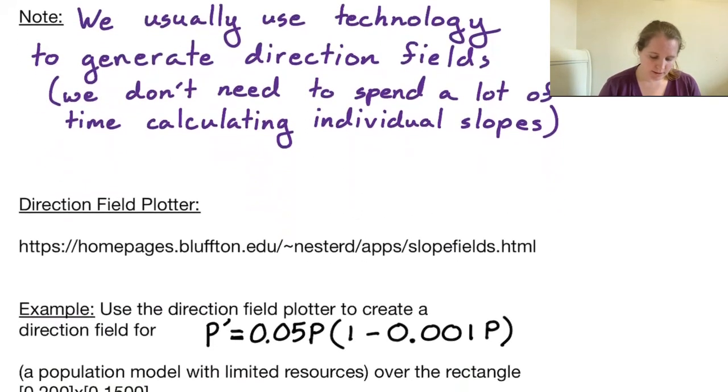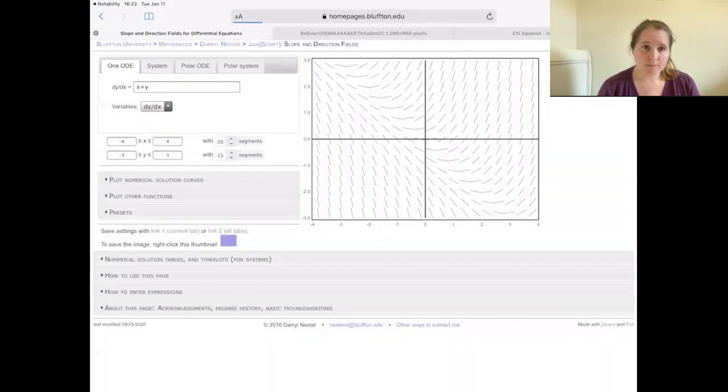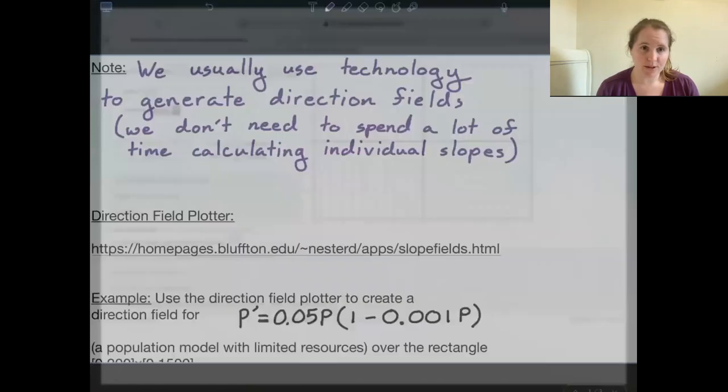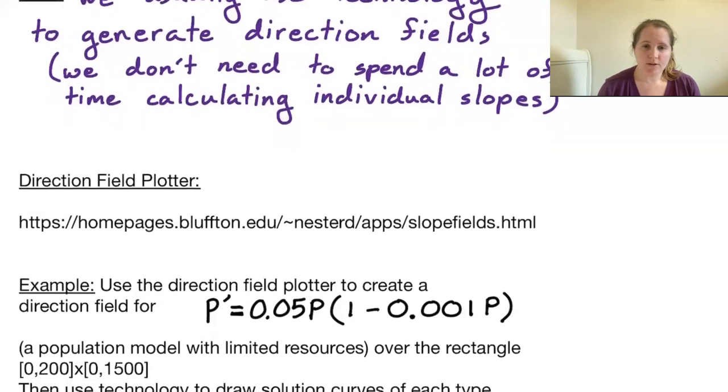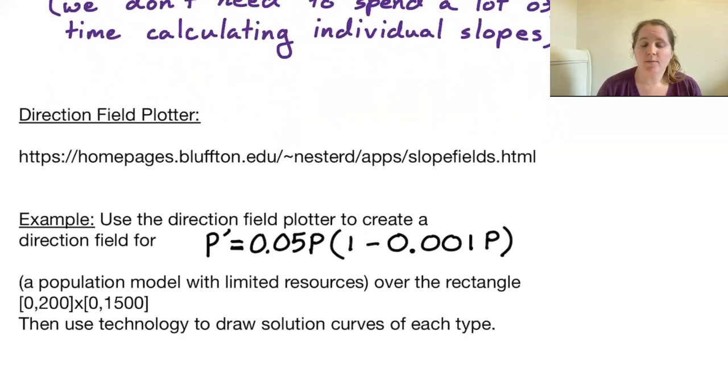So following the link here, we have a direction field. I apologize, I completely forgot what equation we were working with. So here we are looking at p prime is equal to 0.05p times 1 minus 0.001p.